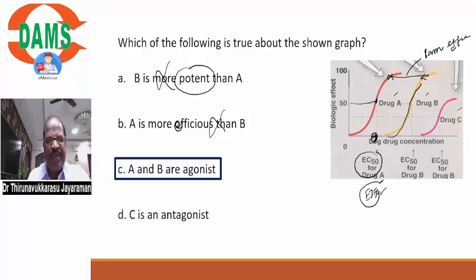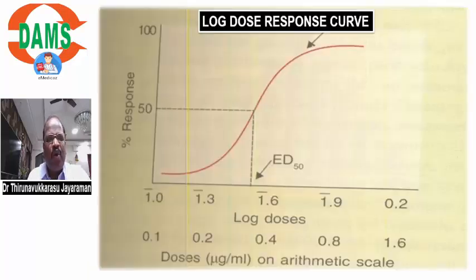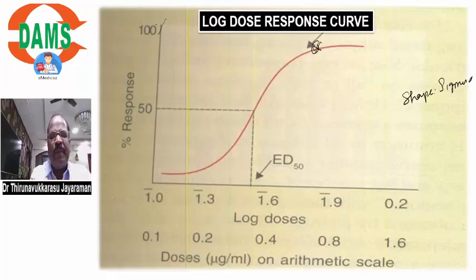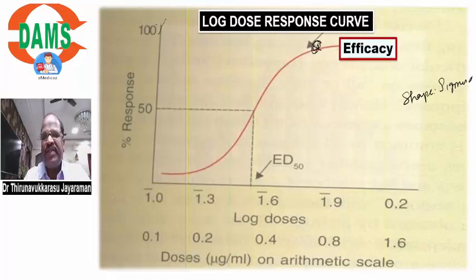That's why I'm telling repeatedly, in log dose response curve, 3 points you should know. Shape of the curve is sigmoid in shape, 1 point. Second, in this curve, the maximum response, see 100% response, the max response is called as efficacy. So efficacy means maximum response of a drug.